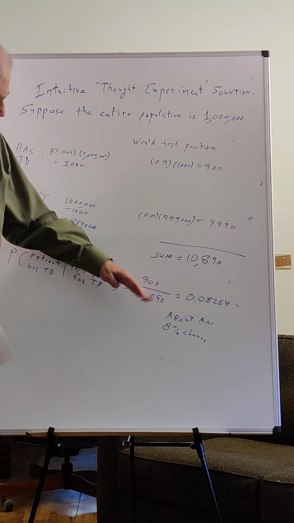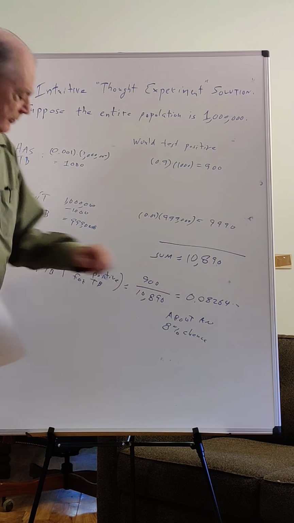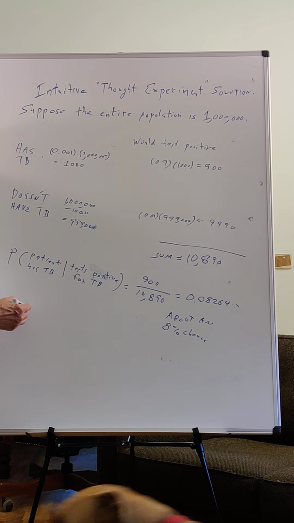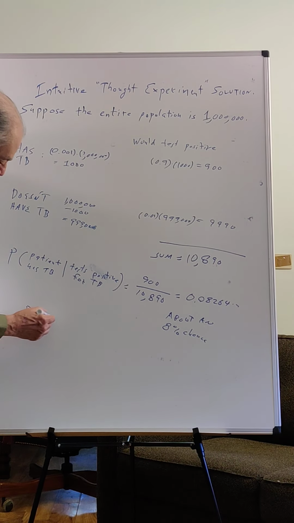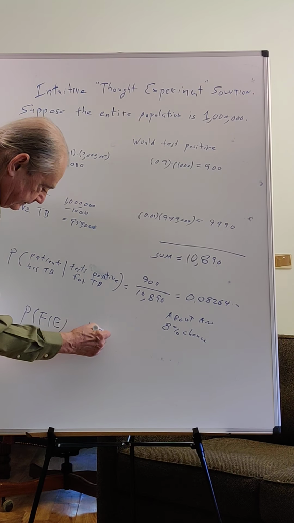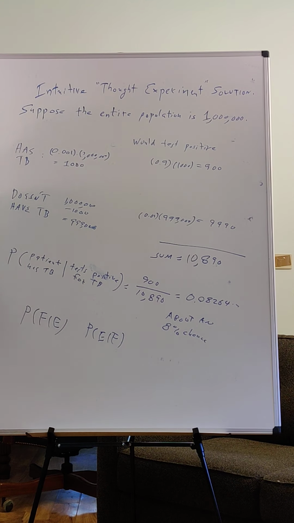But we have this strange answer that if a patient tests positive, there's only an 8% chance that the patient really has TB. So it's the difference between P of F given E and P of E given F. Remember, we spent a lot of time discussing this. Okay, so that's the first solution.